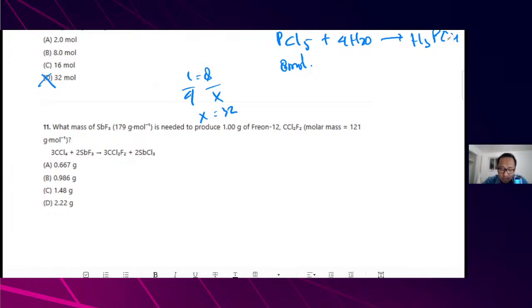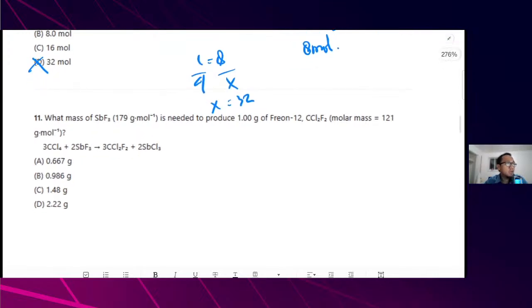And this one is the balanced chemical equation.